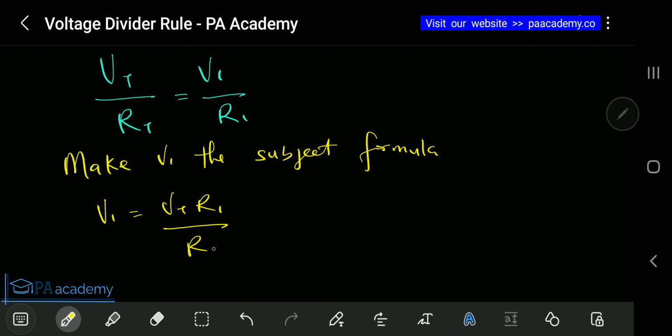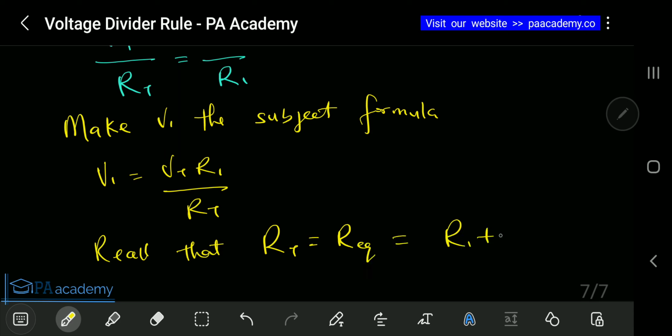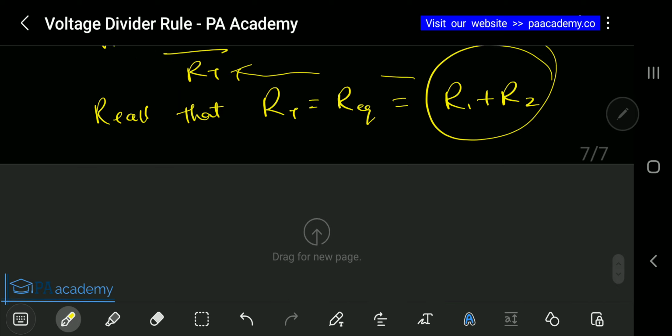over RT. So from here now we can also recall that RT, which can also be written as our R equivalent, meaning the same thing, is equal to R1 plus R2. Exactly. So we are going to substitute this value into RT.